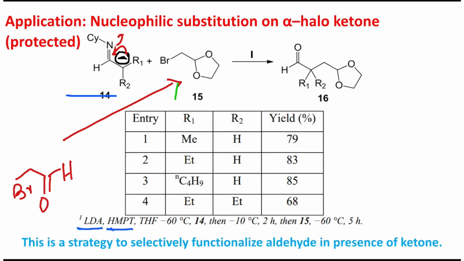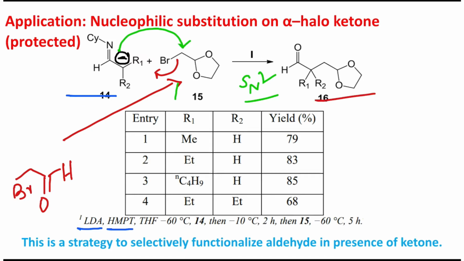I am not going into details, as you have learned a lot during this discussion. In the next phase it will attack here via an SN2 type reaction. In this case the bromide will leave, and ultimately it will produce this.